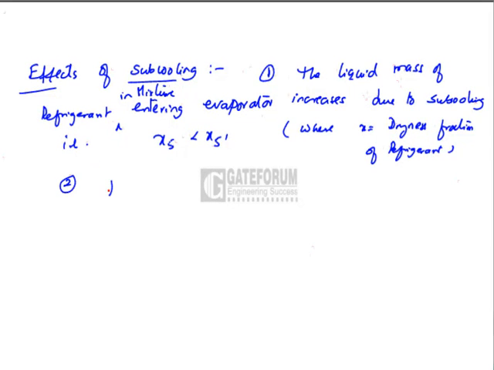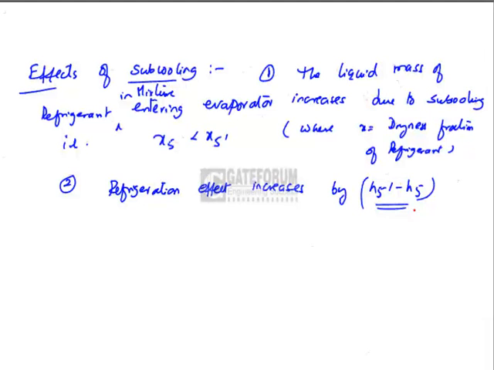Therefore, number 2, refrigeration effect increases due to subcooling. By what amount? It increases by H5 dash minus H5. By this much amount we get an extra RE. This is the extra RE we get by providing subcooling in the cycle.